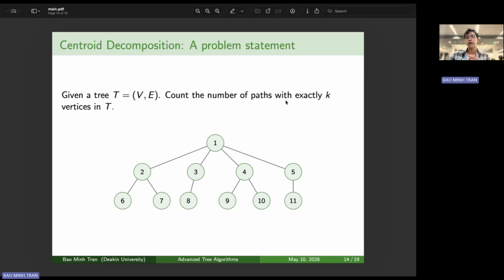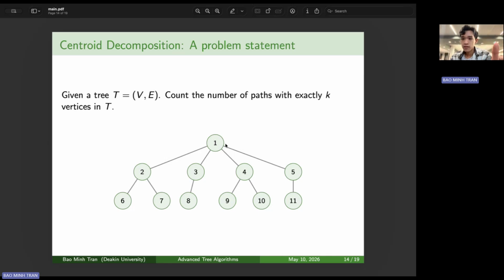What was it? Counting the number of paths with exactly k vertices. We have to claim a very obvious fact: for counting paths with exactly k vertices, we have a vertex u, say this node 3. If the path has exactly 2 vertices, then it's going to be 2, 3 or 3, 1.